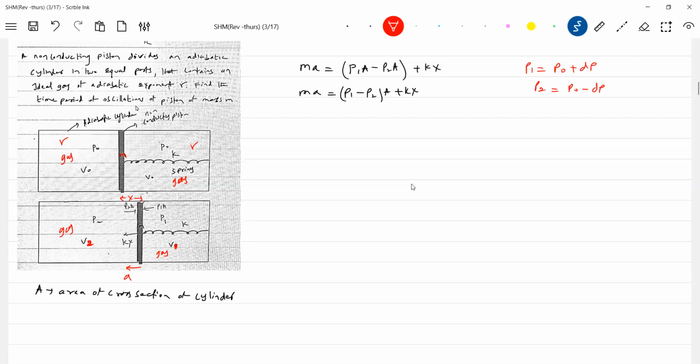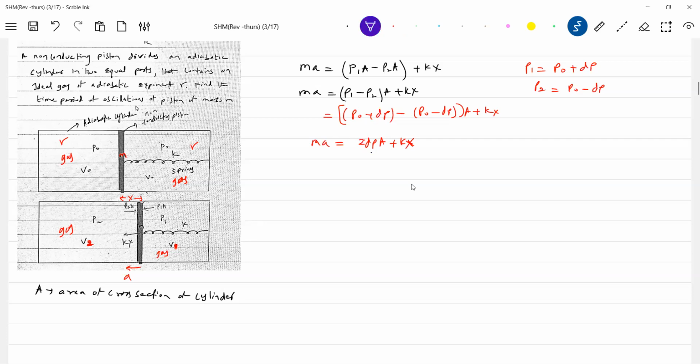So P1 minus P2, P naught gets cancelled, so this will become 2 dPA plus Kx.